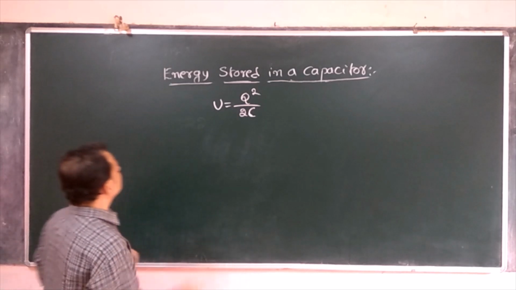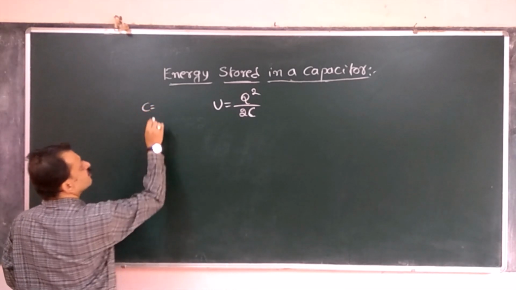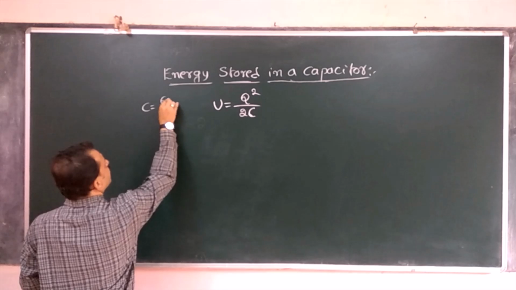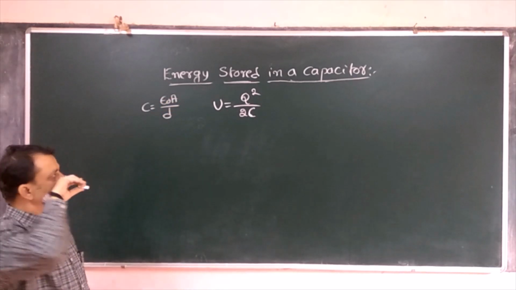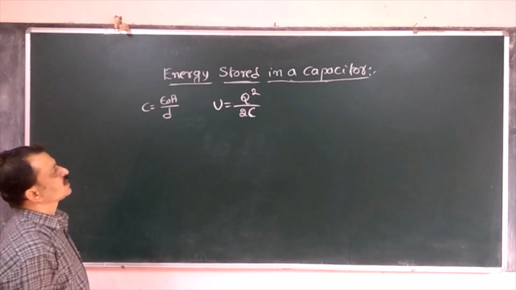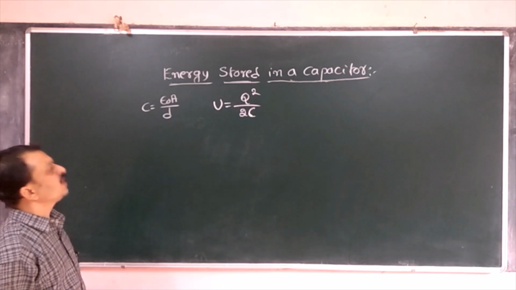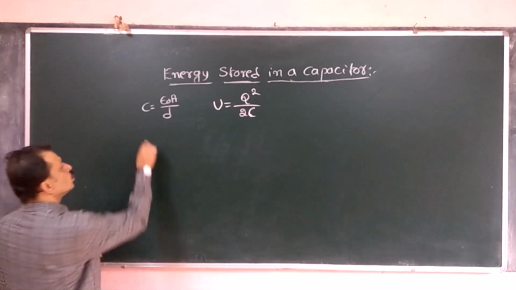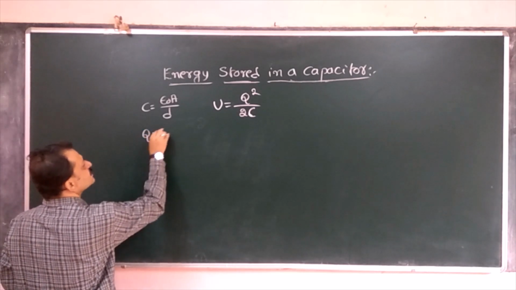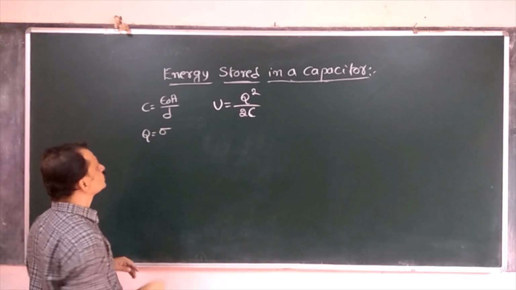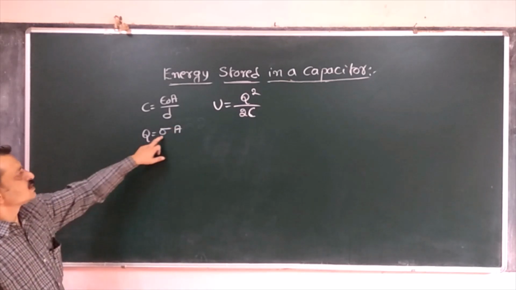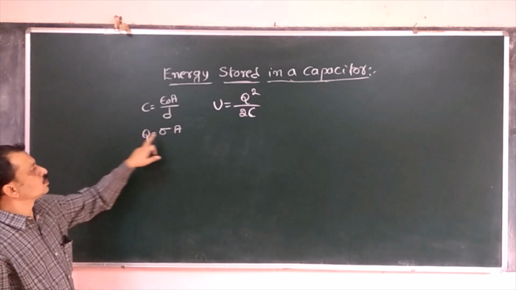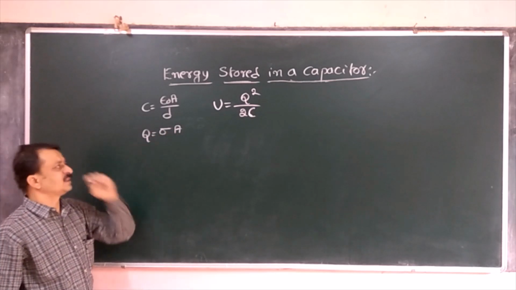Capacitance C for a parallel plate capacitor is given by epsilon naught A divided by D. And charge Q can be written as sigma into A, that is area of cross section. Sigma is equal to Q by A, therefore Q is equal to sigma into A.